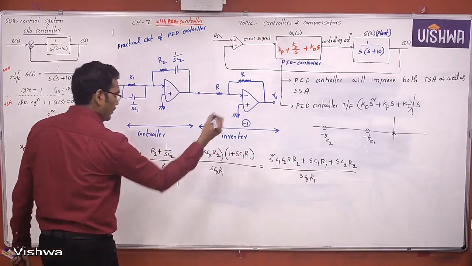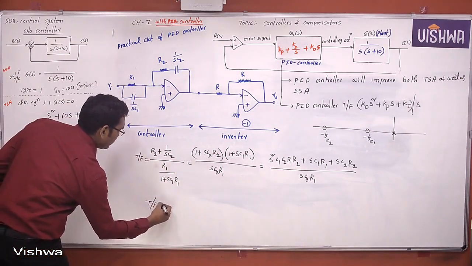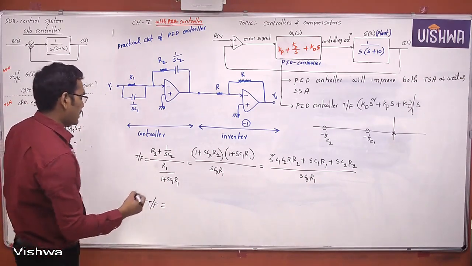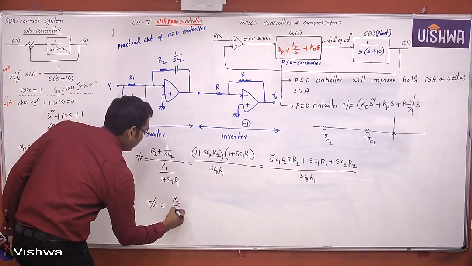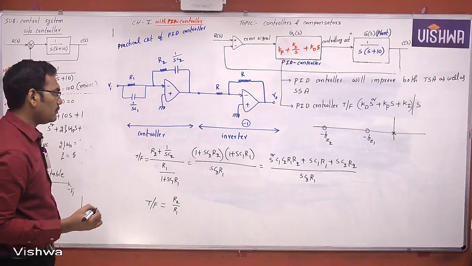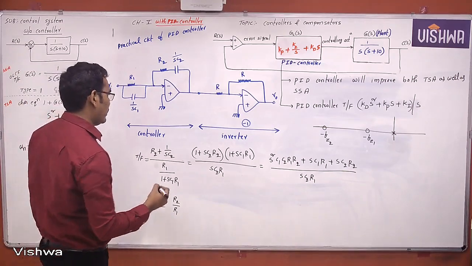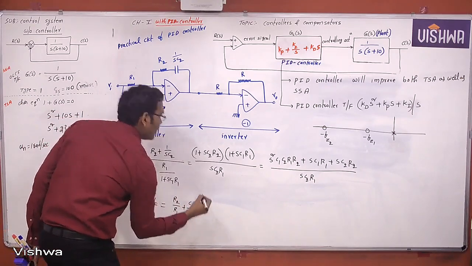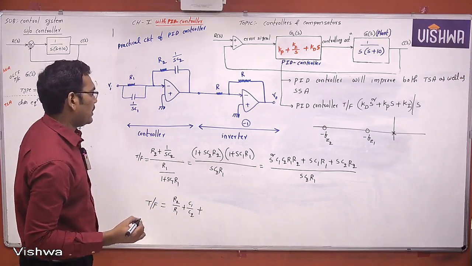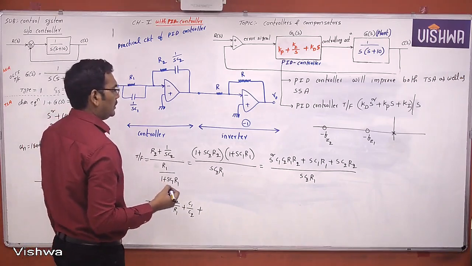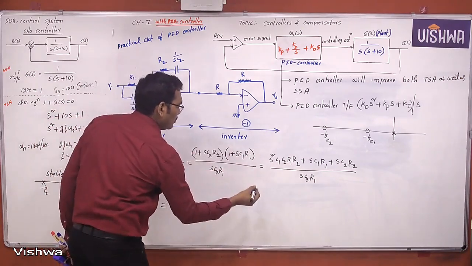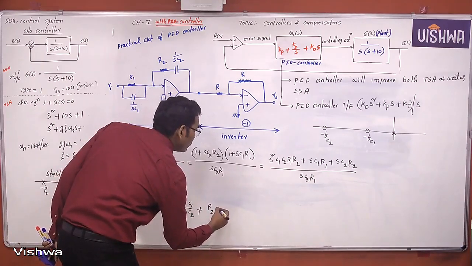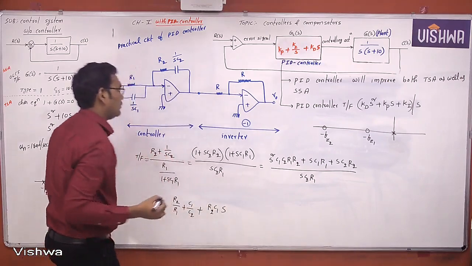So if you simplify this one, now finally the transfer function is: C2 S is cancelled, R2 by R1, and here R1 also cancels, plus C1 by C2 plus 1 by SC2 R1, S here is cancelled and C2 also cancelled, R1 is also cancelled, R2 C1 S.